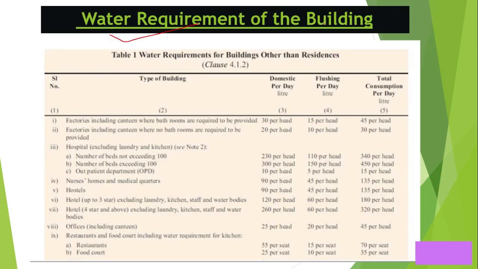Here we have the water requirement of the building. So here we are going to calculate for the office building. This is from NBC, National Building Code. As you can see, the domestic consumption per day is 25 liters per head.